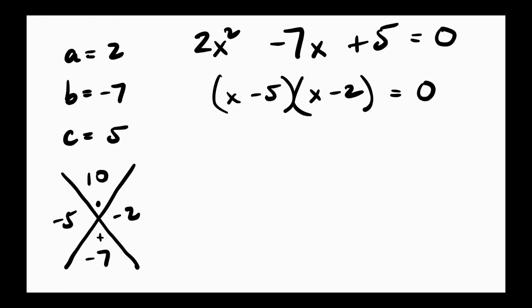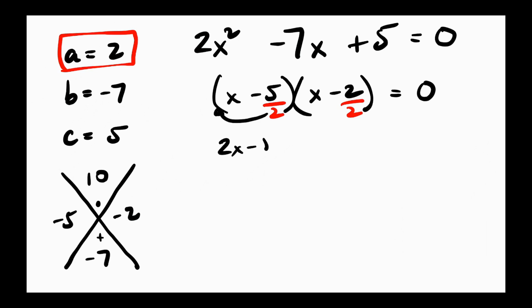Bottoms up, because I have a 2 for A, so I'm going to divide by 2. The first one can't be reduced, so you're going to do bottoms up. The second one can be divided. Makes a -1.